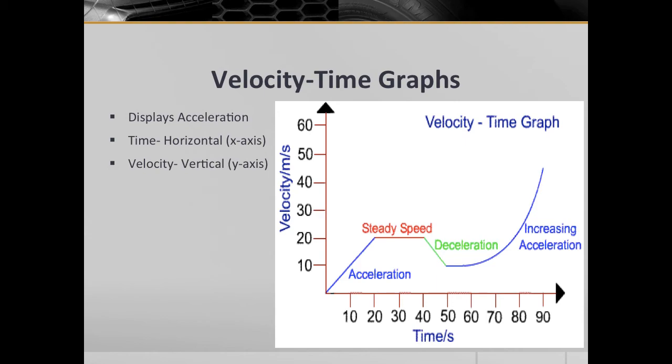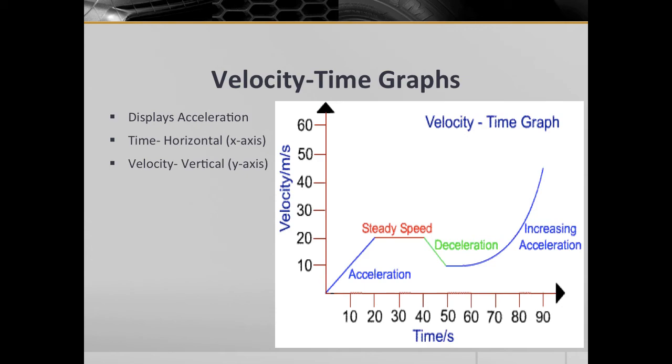In this case, it's traveling 20 meters per second between 20 and 40 seconds. The green line means that it is decelerating, it's slowing down, because it was traveling at 20 meters per second, and now it is traveling at 10 meters per second over a time period of 10 seconds.